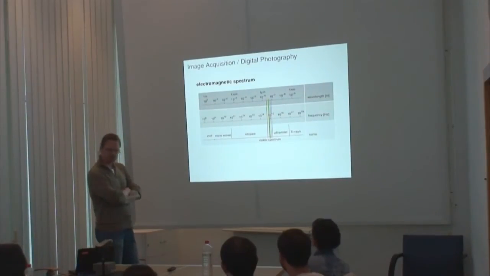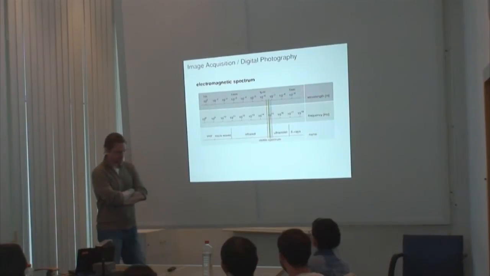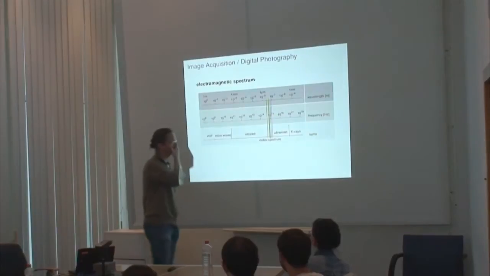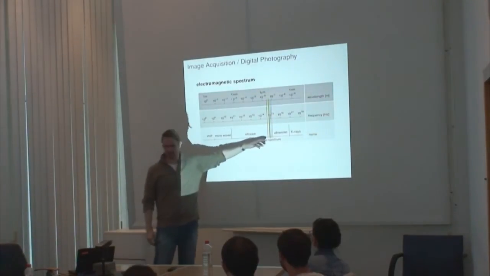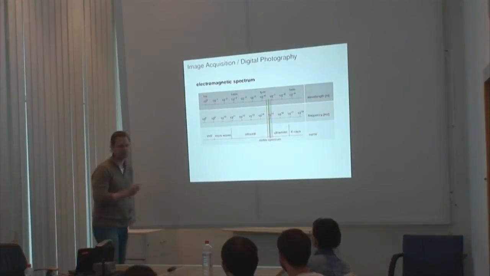And very, very interestingly, the part of the electromagnetic spectrum that we can see, that our eyes can perceive, is just a very tiny fraction. And I have exaggerated that here. This is much, much narrower.